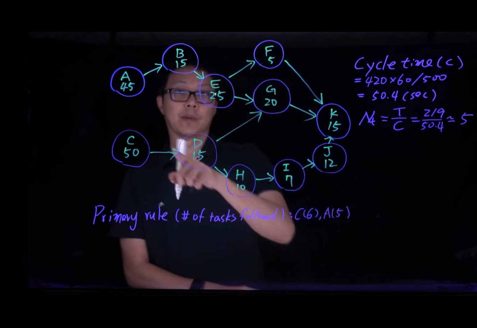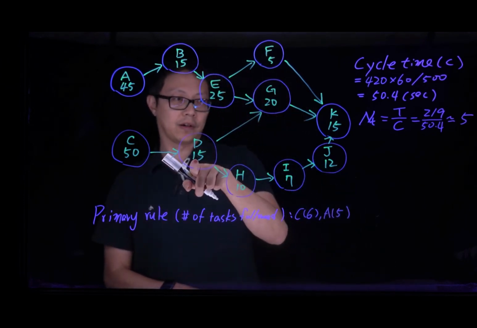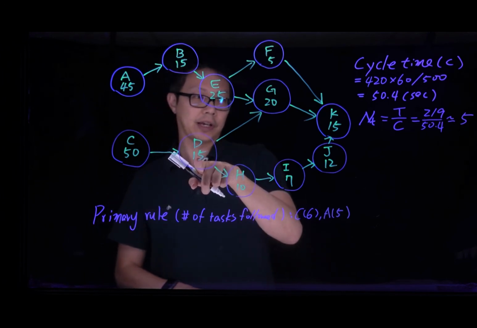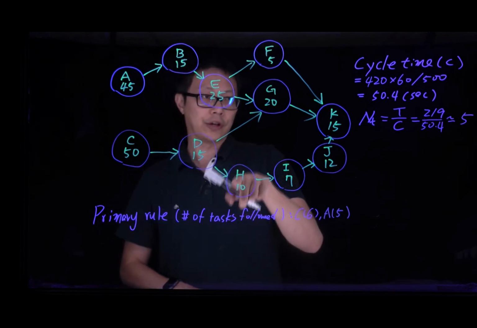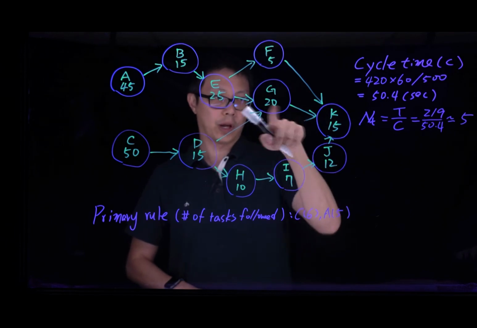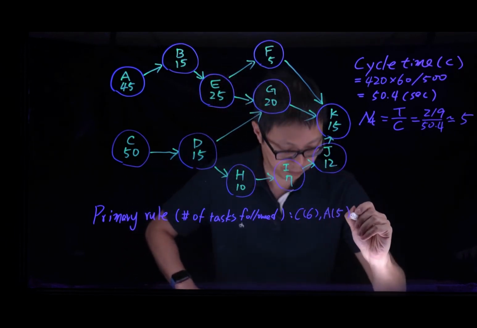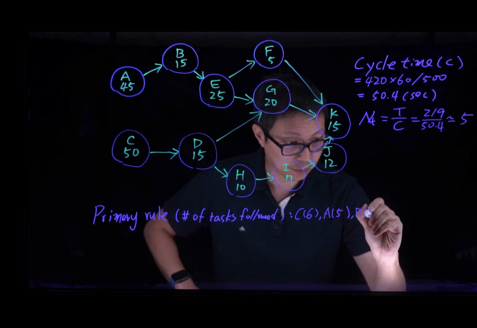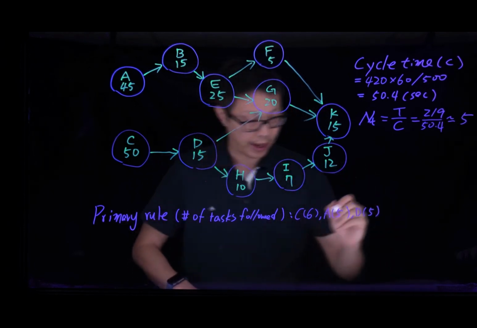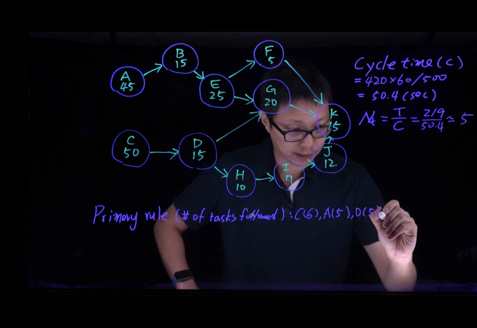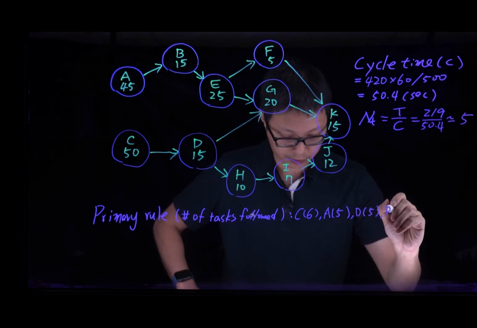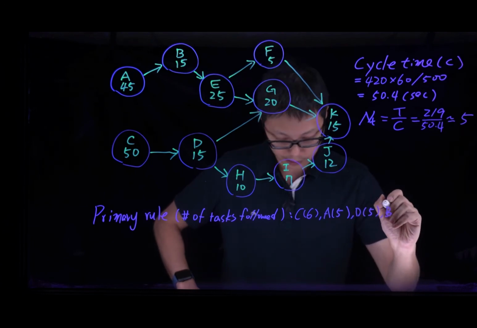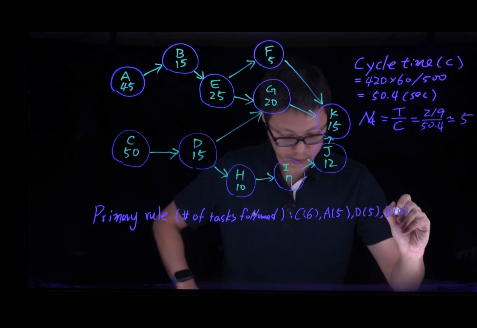All right. Similarly for D, let's take a look at D. After I finish D, I need to work on H, G, I, J, and K. 1, 2, 3, 4, 5. So D will be 5 as well. And you do every single one. I will just write it down. For B, we will have 4.